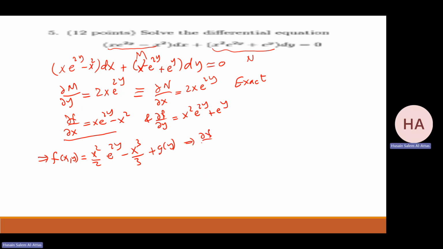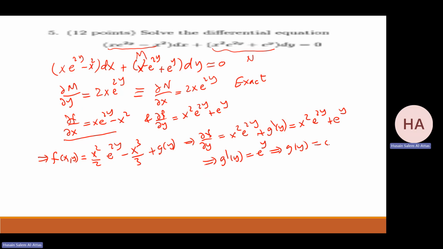That means partial f with partial y will be x squared e^y plus g prime of y. That should equal to this. So g prime of y will be e to the power y, so g of y will be e to the power y. So my f will be this, and my solution will be f of x, y equals c.